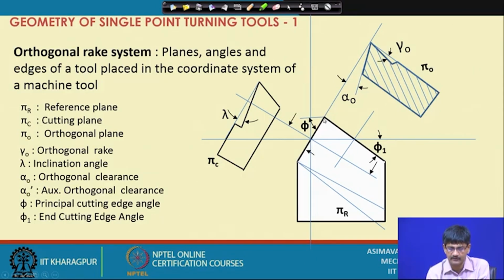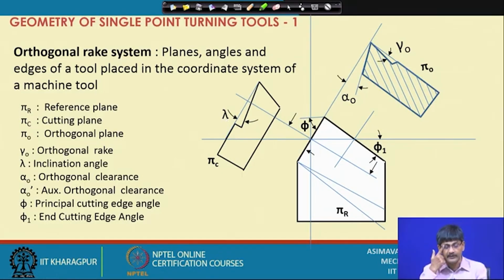It's not moving horizontally here. This is reflected in this view. It's inclined from the nose. So, if it is inclined, in that case, this angle of inclination is given a name called lambda.